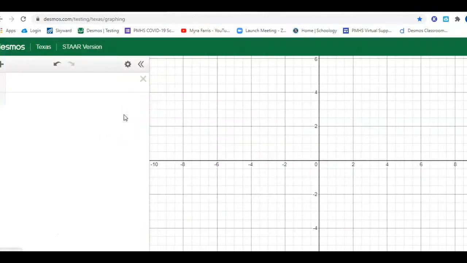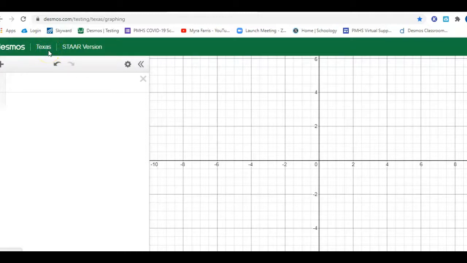This is the Desmos that we need to use because in May, as of now, you're scheduled to take the STAAR test for Algebra 1 in May, and this is the version of Desmos you're going to use.